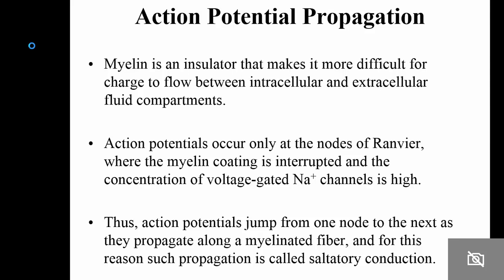So while it's in this insulation here, it can only move in this direction. Now, when it gets to the nodes, the nodes of Ranvier, technically it could leak out. So at all of these nodes, it could leak out.